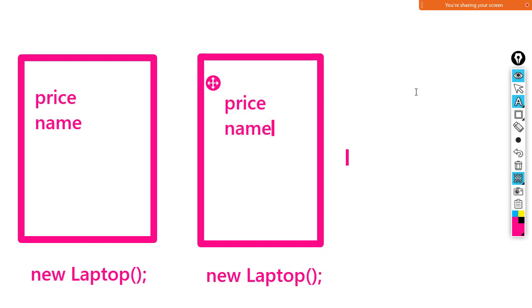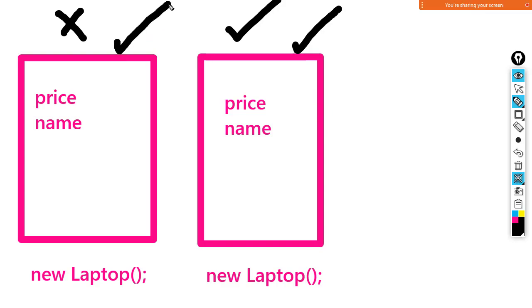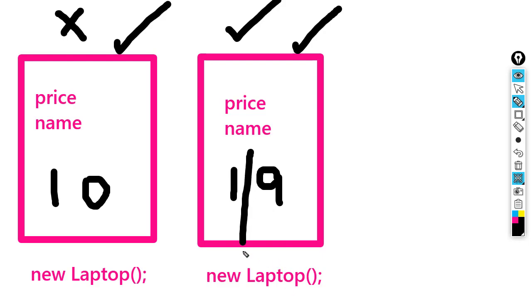Now this means that this particular object has nothing to do with this one. This is a separate entity, this is a separate entity. Suppose this is at location 10, and this is at location 19. So these have their different locations. This means that we can independently deal with them.